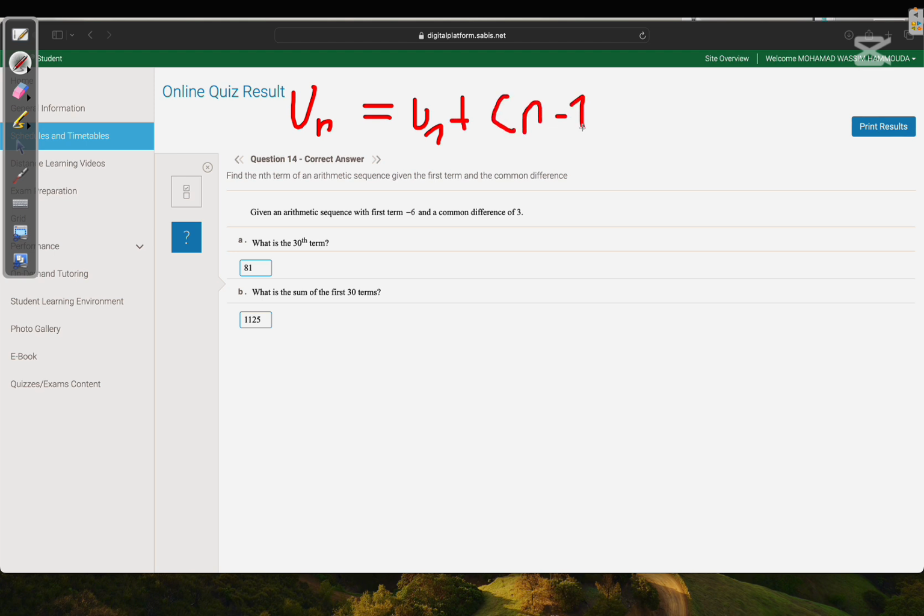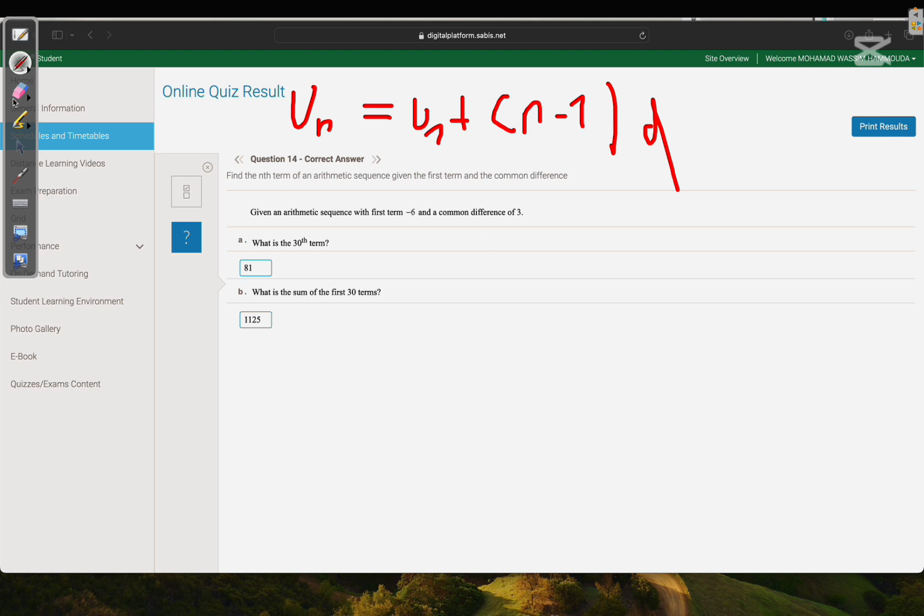We all know that. So u1 is the first term of the sequence, n is the index, you can say, of the sequence, which in this case is 30, and d is the common difference. So -6 plus 29 times 3, which is 81.